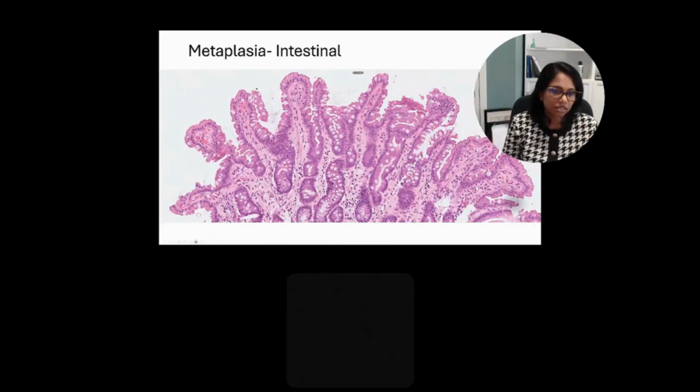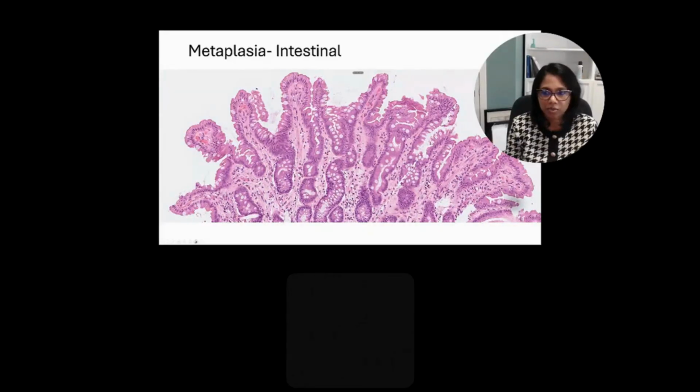So this is just an example of intestinal metaplasia, and in this case there's not too much inflammation within the lamina propria. The gastric epithelium is of course replaced by intestinal metaplasia. There are two forms of intestinal metaplasia, and I won't dwell on this, but it's either complete or incomplete, and this would look more like a complete replacement of the gastric epithelium with intestinal type metaplasia.